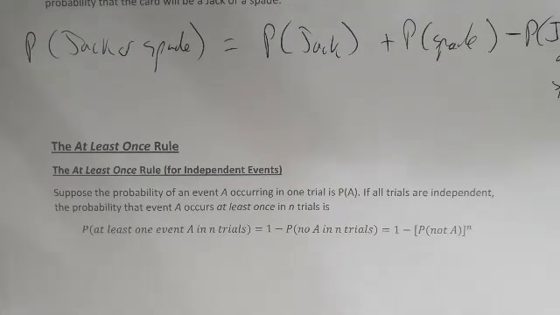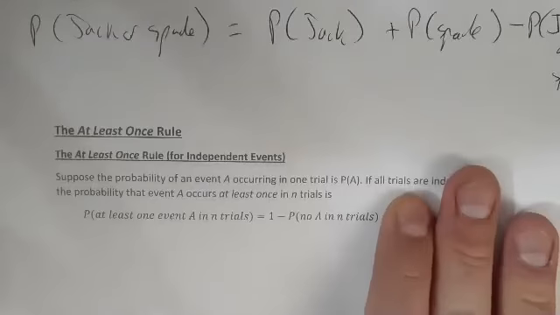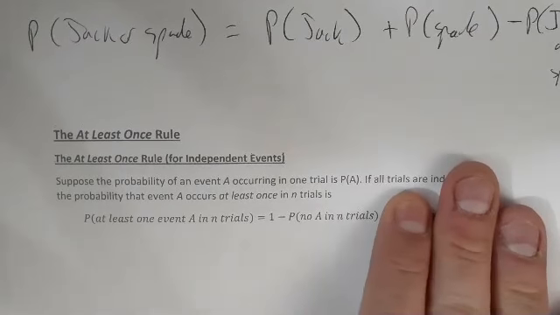If all trials are independent, the probability of an event occurring at least once in n trials is, okay. So right here, ignoring this part, this is coming from that previous thing, right?